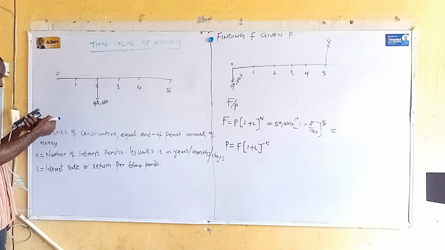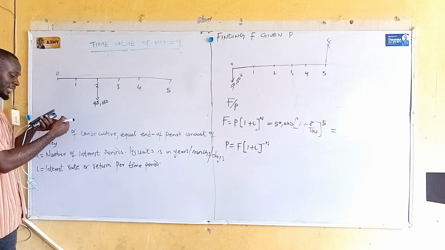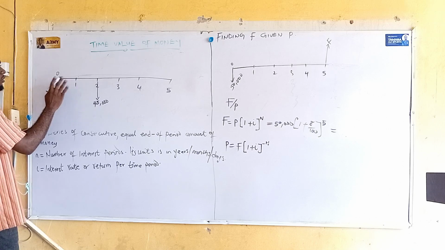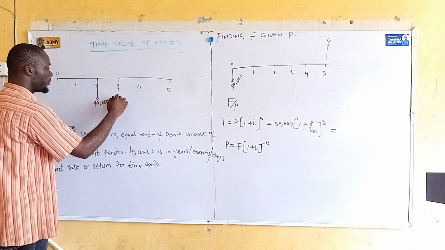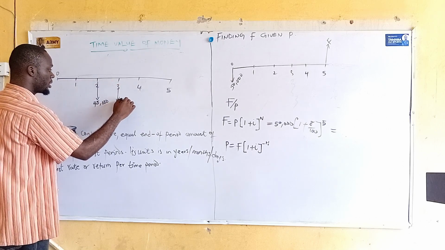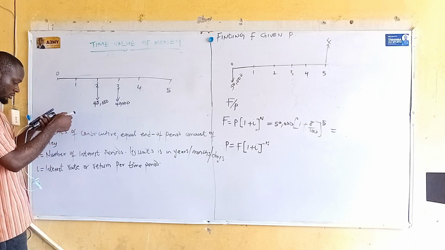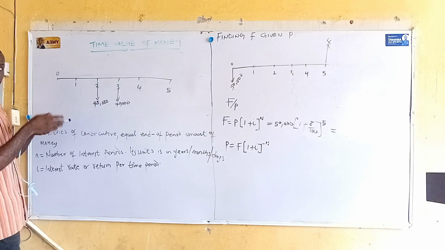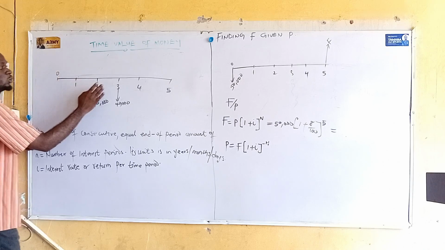And 40,000 3 years from now. 1, 2, 3, spending 40,000, and 25,000 5 years from now. Count 1, 2, 3, 4, 5.